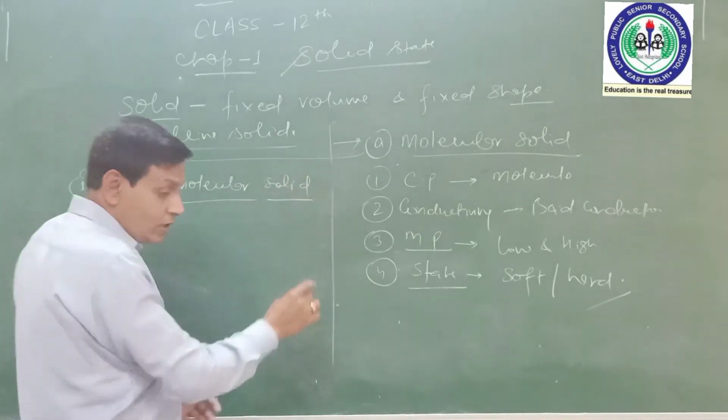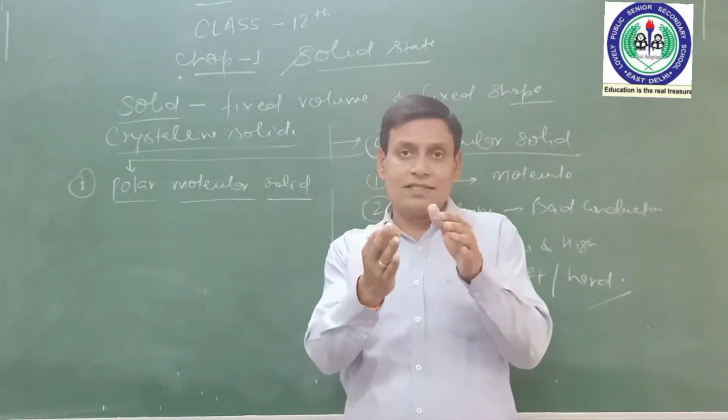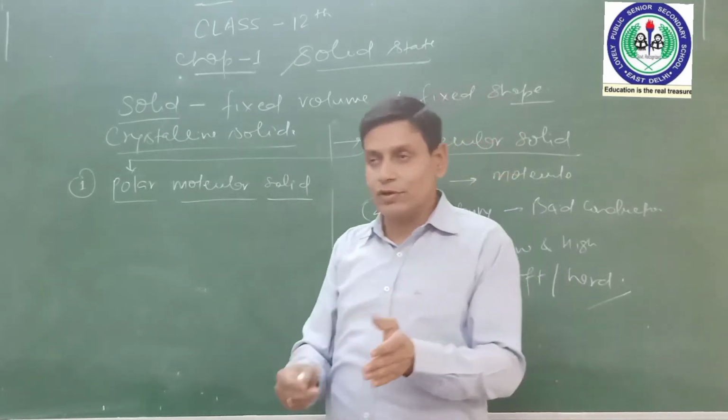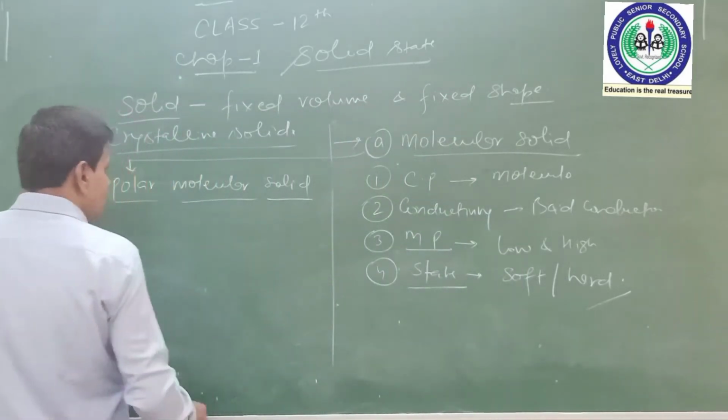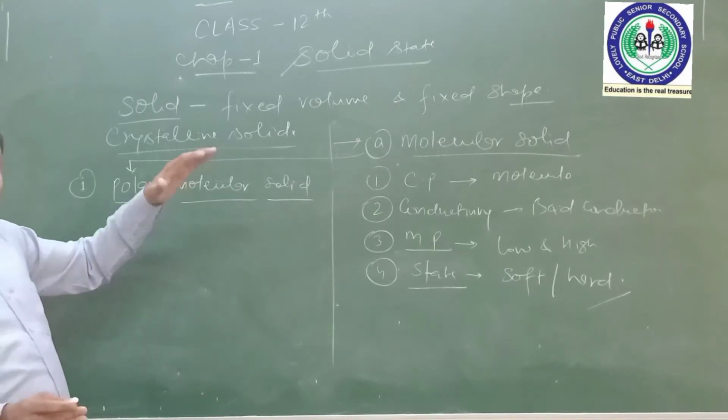What is the meaning of polar? If any compound contains a partial charge, that property is polarity. This is polar. Okay? Now, how can we identify whether the molecule is a polar molecular solid or not?